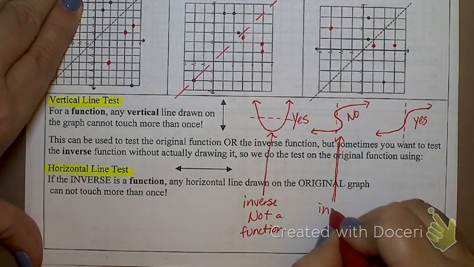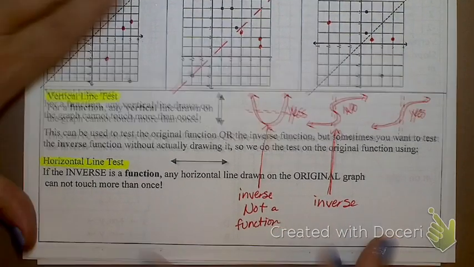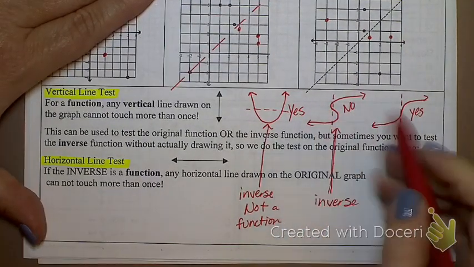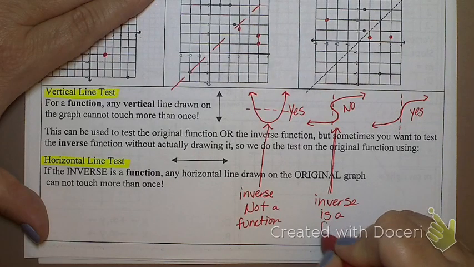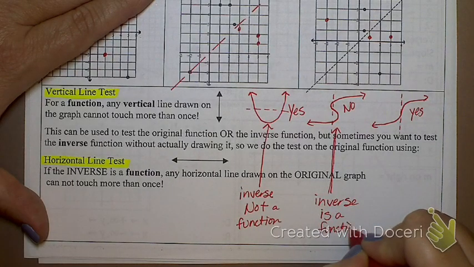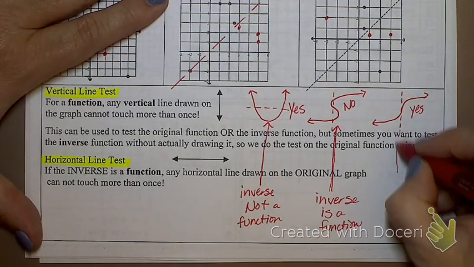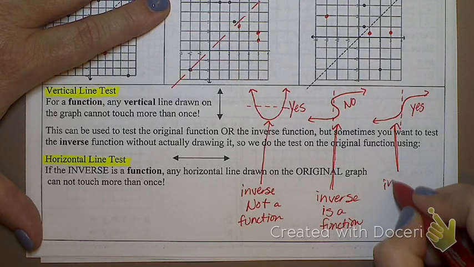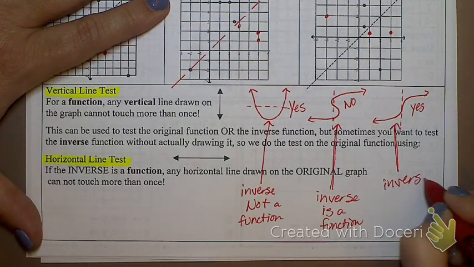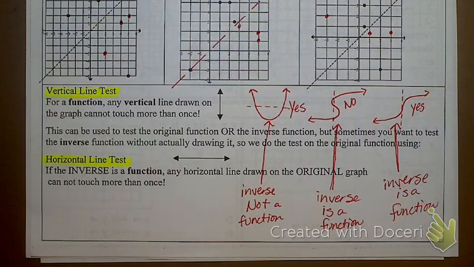Is the inverse a function? Okay. It passes the horizontal line test, therefore the inverse is a function. I could just write yes if I wanted to. What about this guy? Is the inverse a function? Yes, the inverse is a function. Does that kind of make sense?